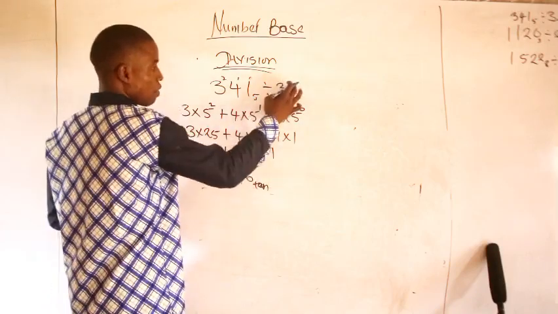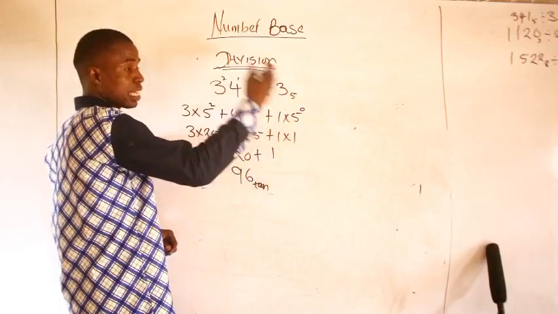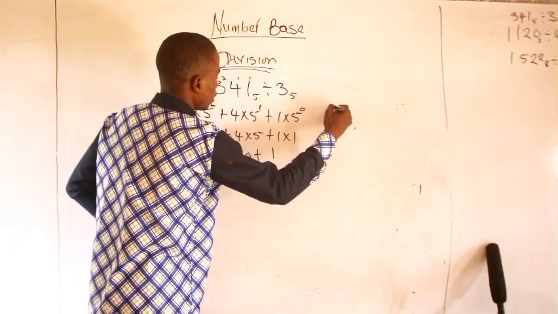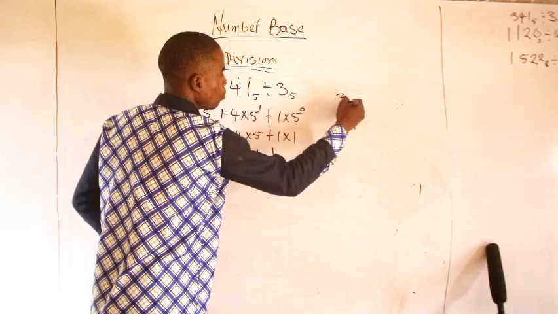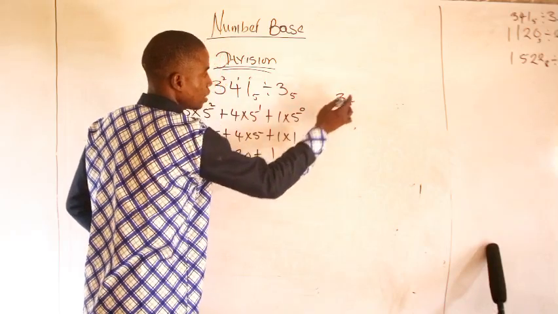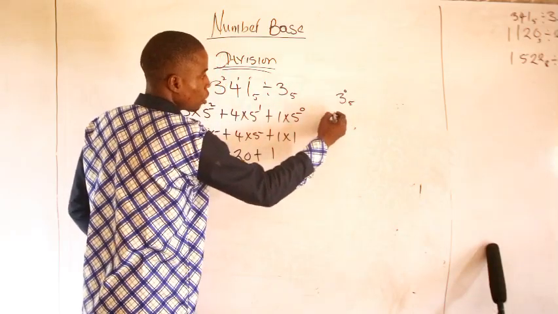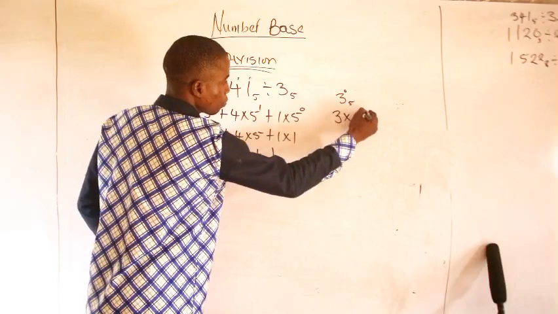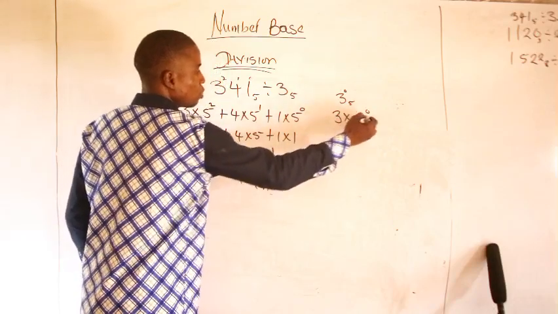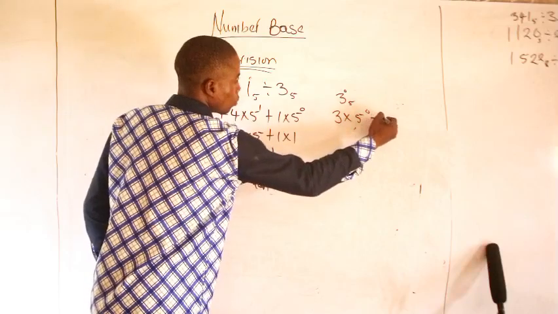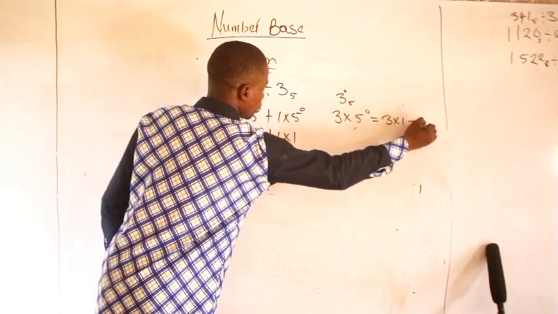After that, we are converting this one to base 10. This one is 3 base 5. How can we convert it? We just have 3 times 5 raised to power 0, which is 3 times 1 equals 3.